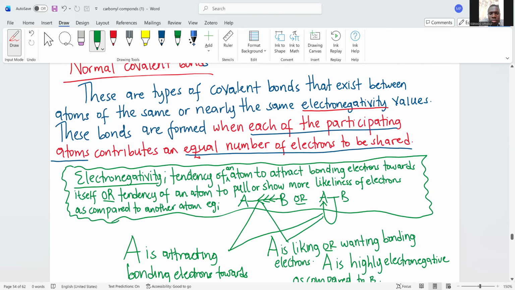So these are types of covalent bonds that exist between atoms of only the same electronegativity values.